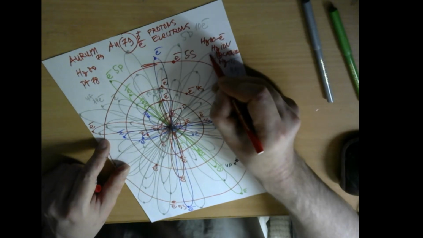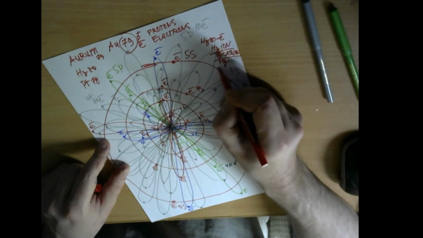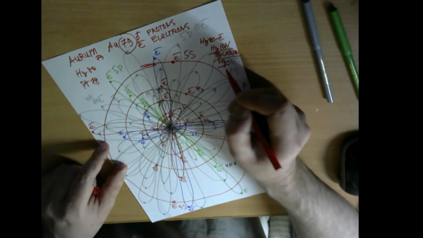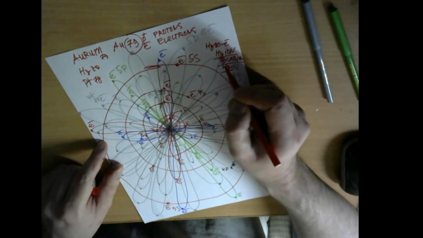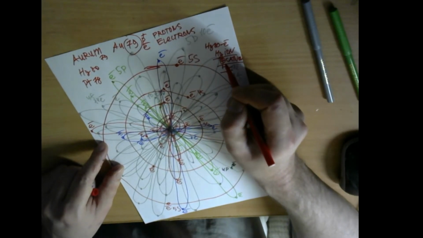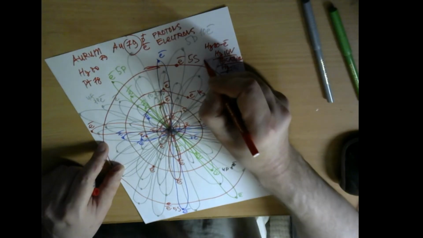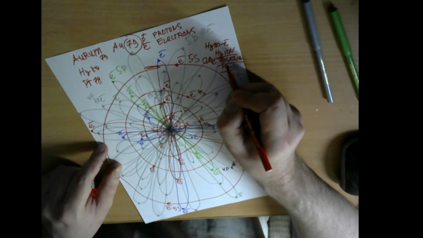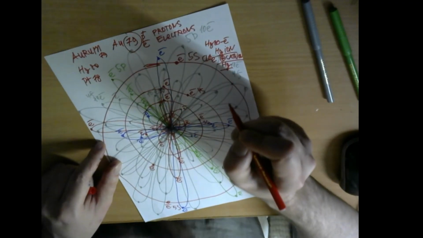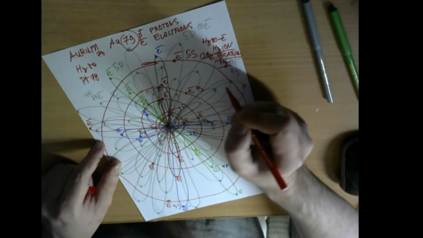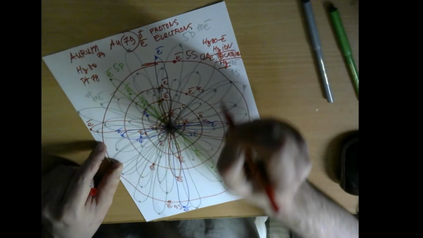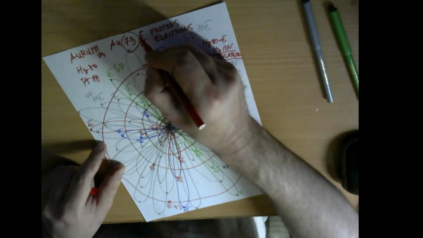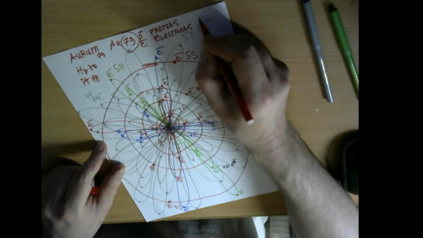Actually, the hydrargyrum cation is very close to gold. Close. But it's not gold. In order for you to get gold, you would need to change these protons.